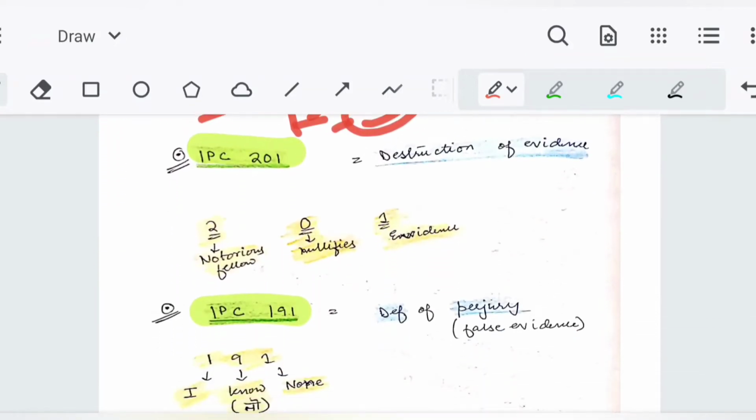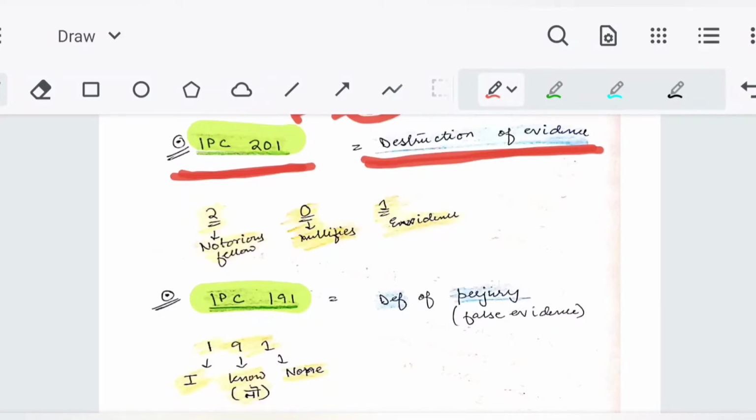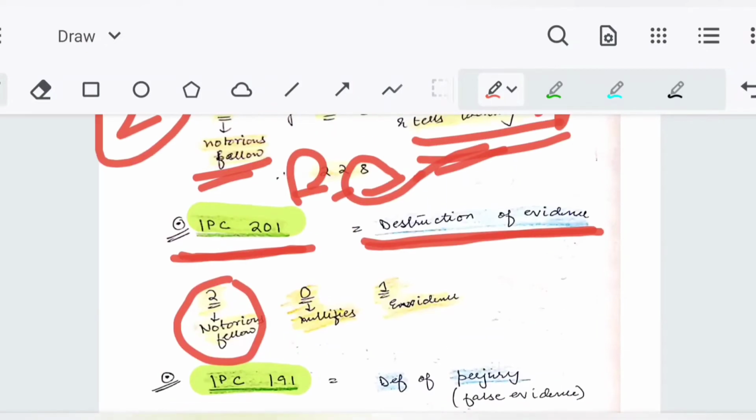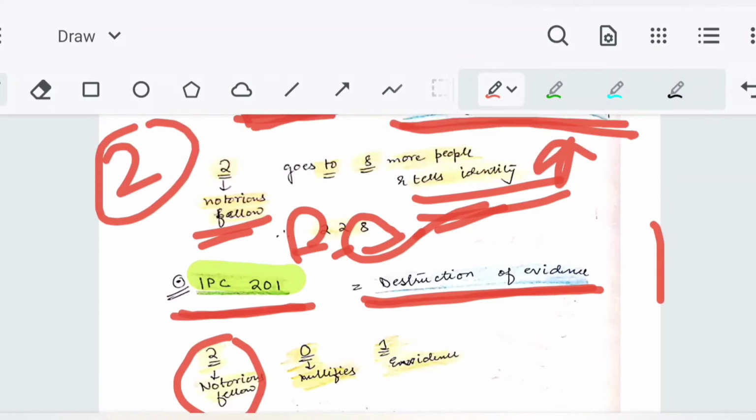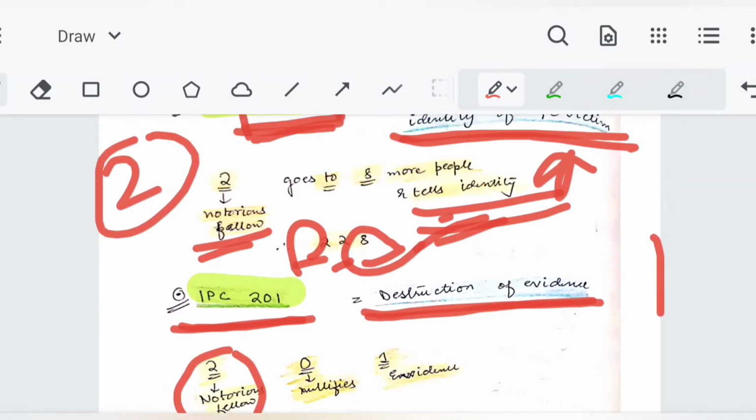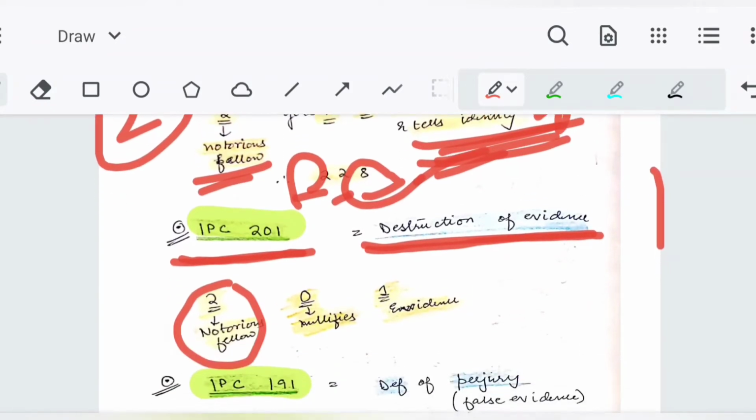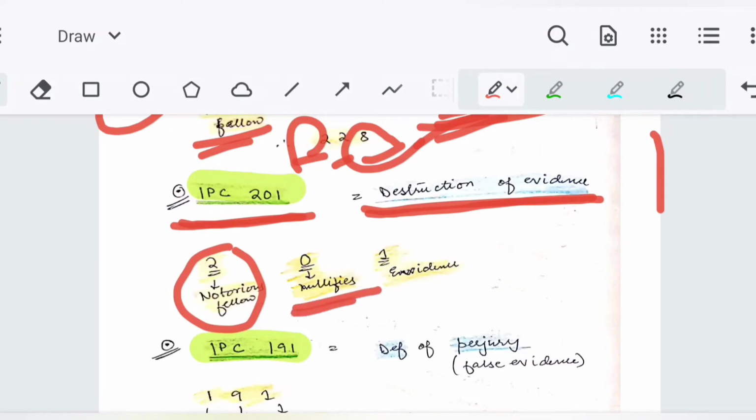Now, 201 is for destruction of evidence. So 2 is that notorious fellow who goes and tells the identity of the rape victim to 8 people. Now what he does is zero evidence, he nullifies the evidence. 0 is null.